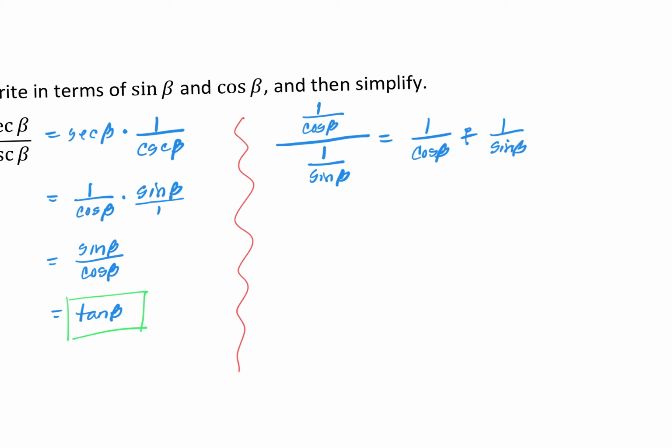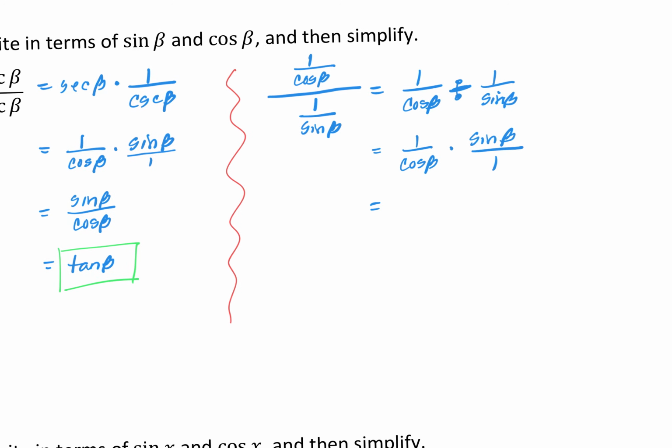And then we would change this division to multiplication, which is fine, it's doable. And we're back to where we were on the other side, combining this into sine cosine. And there's always more than one way to do these.